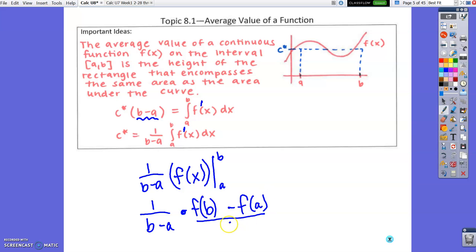If we multiply those fractions, we end up with the average rate of change. One thing that can be really tricky is you can use this to find the average rate of change of the original function, not of the derivative, obviously, but of the original function. So that can be really helpful. And so that's why you kind of already know it. So just so you know why you know this already, that's the one.